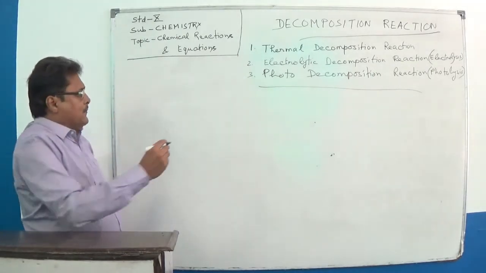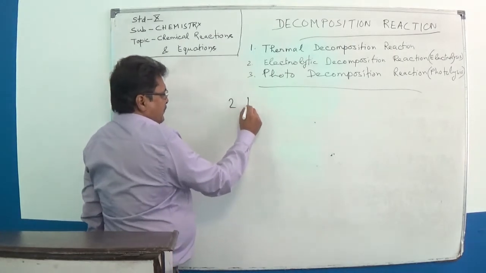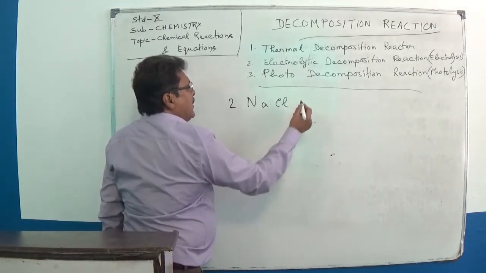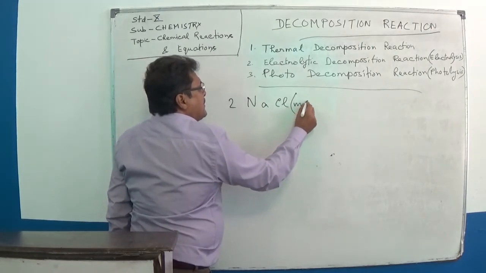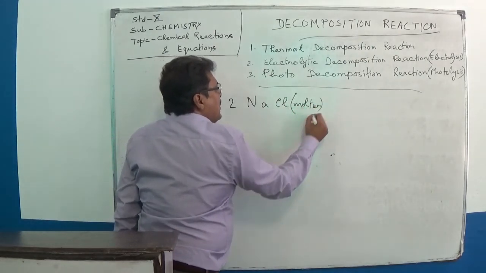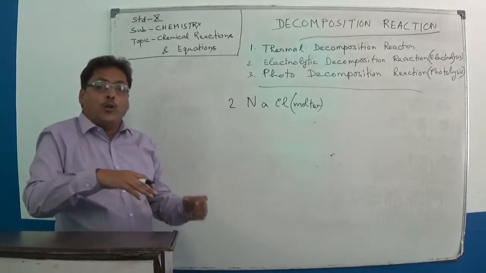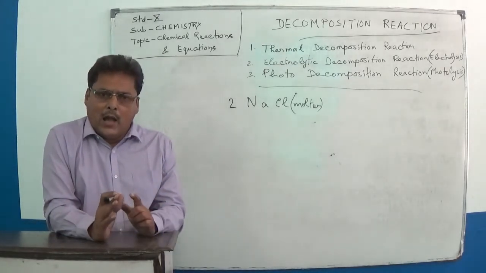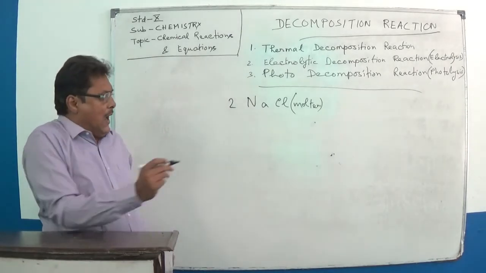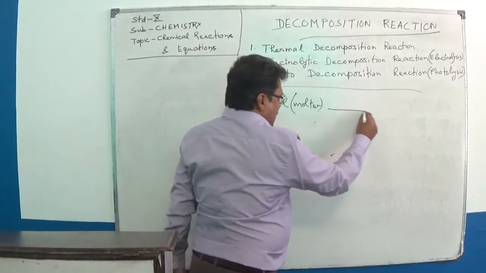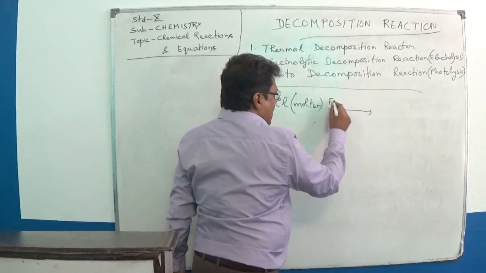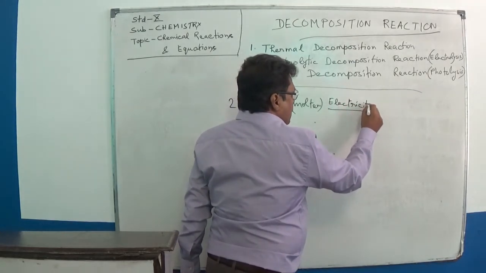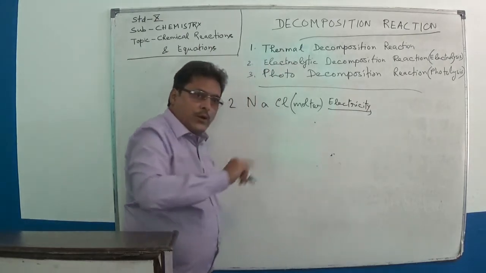Suppose we take sodium chloride in its molten state, which is not totally melted and not solid, in a halfway stage, and we supply electric current through it.